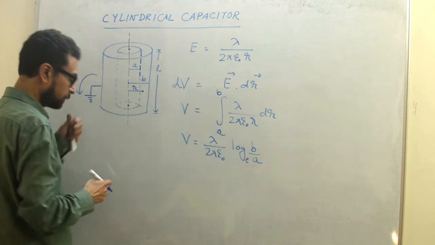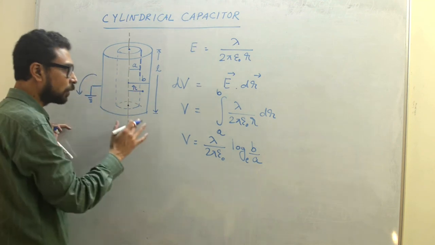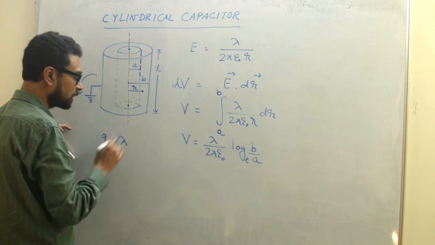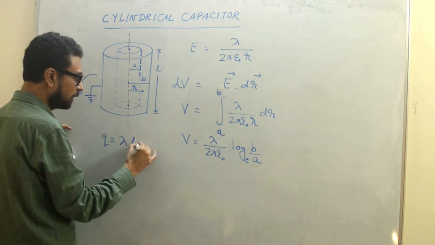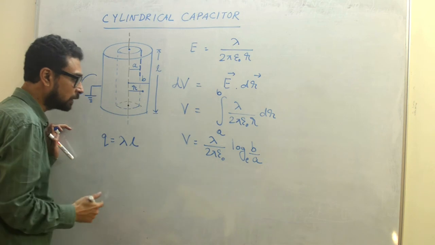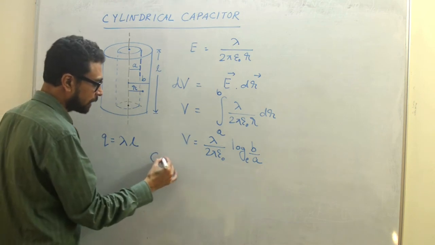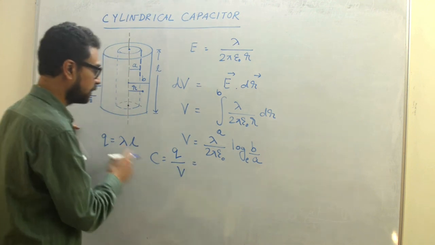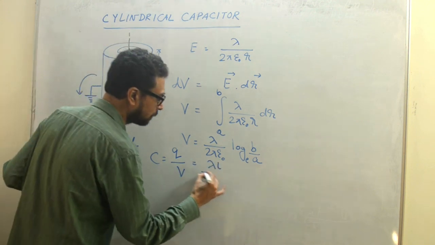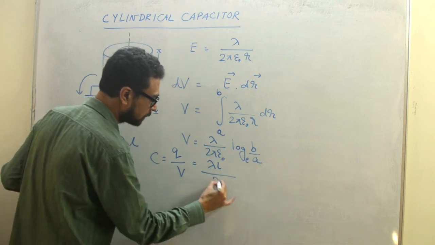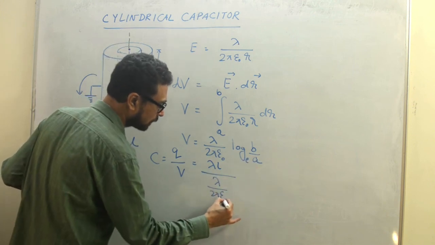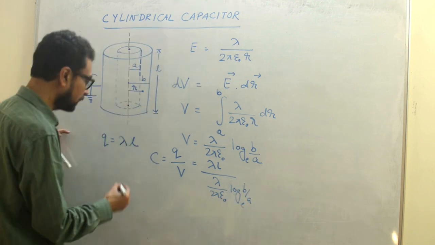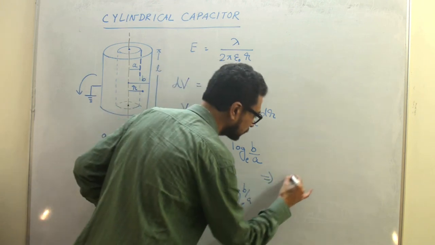Now we have to know, since this is a Gaussian surface, I can write Q, the total charge, is equal to lambda into L, because of linear charge density, and we have that capacitance is equal to Q by V. So Q by V means lambda L divided by lambda by 2 pi epsilon naught log B by A. So finally the expression will conclude to this form.